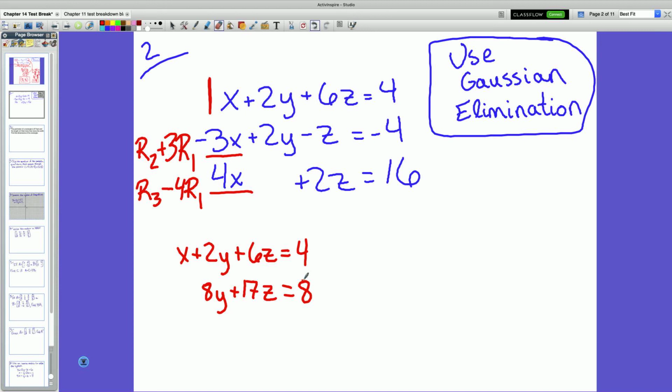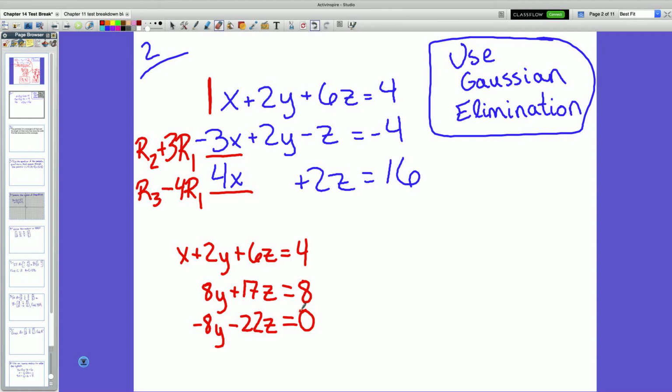Okay, third row, I'd have 4 minus 4, that goes away. Then I'd have 0 minus 8, so this is -8y. And then I'd have 2 minus 24, so that'd be -22z. 16 minus 16 is 0.